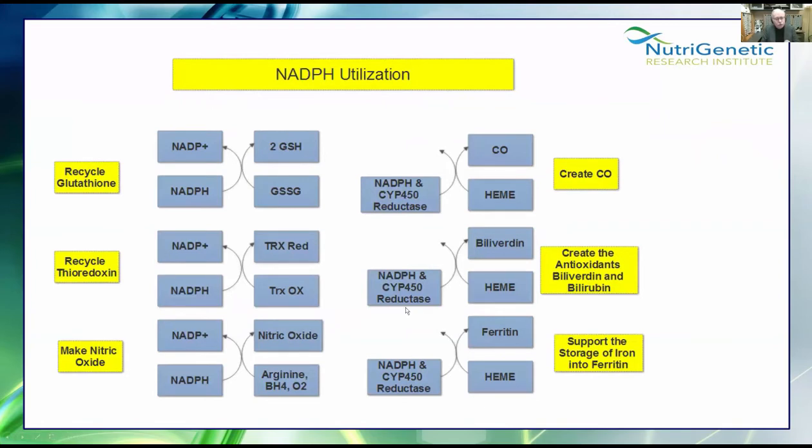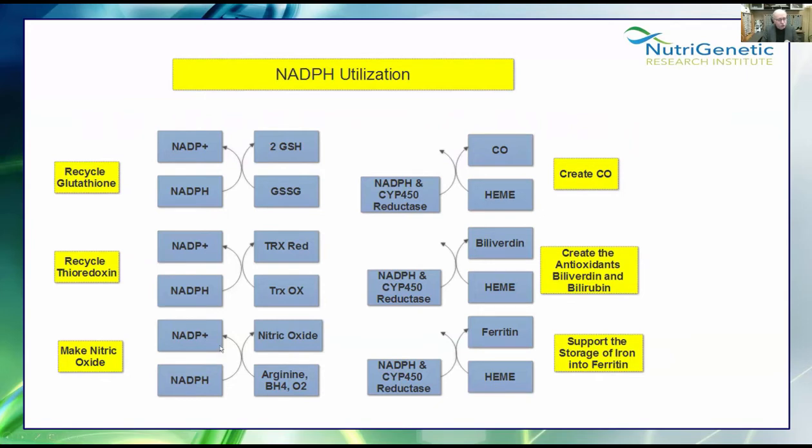Now, first, a quick review. Again, we're just covering in a few minutes what we spent over an hour on in the last webinar. Nitric oxide is critical. We need nitric oxide for circulation, but as Nathan Bryan and others are pointing out, it has many more functions. One of the cofactors for the production of nitric oxide, along with BH4, oxygen, and arginine, is NADPH.